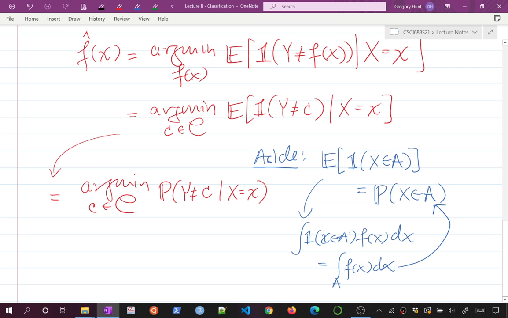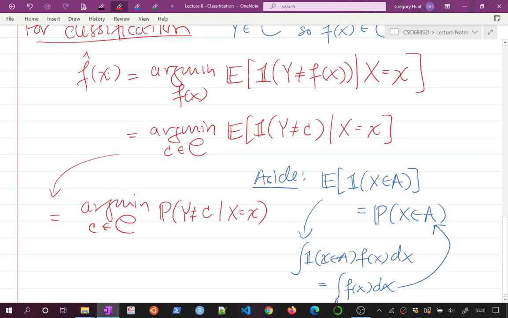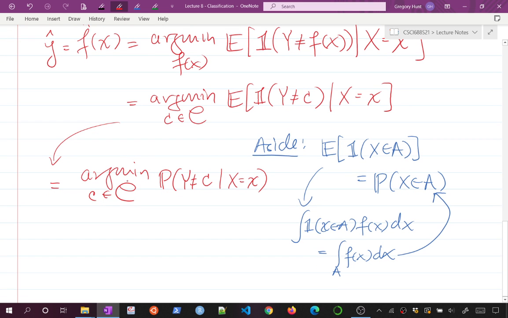It's not the most satisfying thing to do, but basically the optimal class, which we're calling y hat, is the optimal thing to predict given little x. If you give me little x and then ask me what class it is, I'm going to predict the class y hat. What's the best thing to do? It's going to follow this formula. I'm going to choose the class c that minimizes this probability.